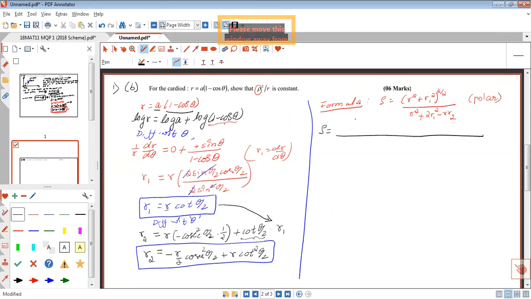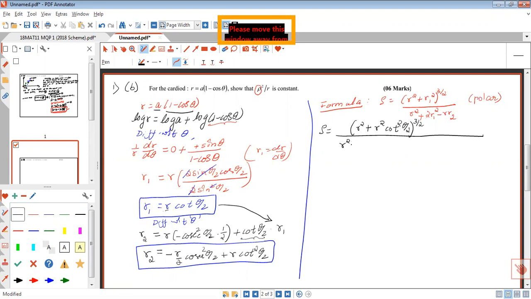r square plus r1 square. The r1 value is r cot theta by 2, so r1 square is r square cot square theta by 2. The power is 3 by 2 here.